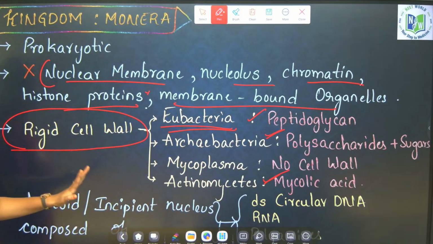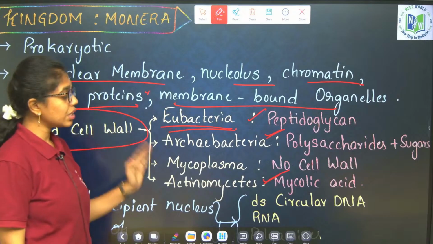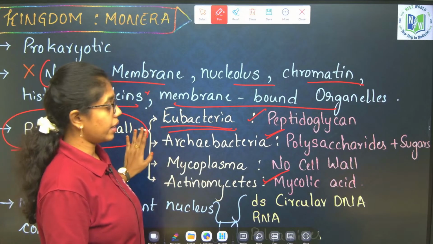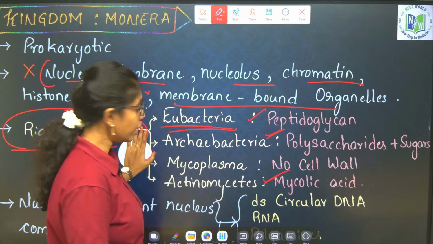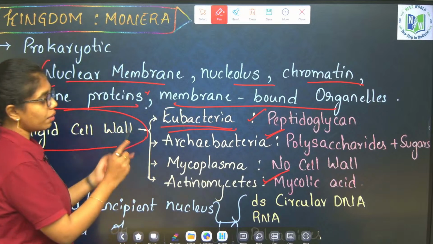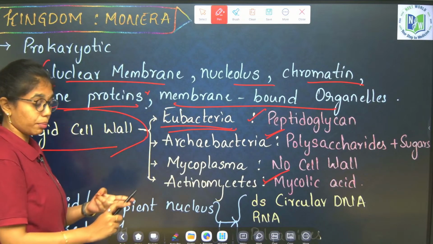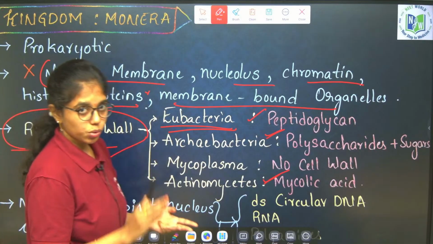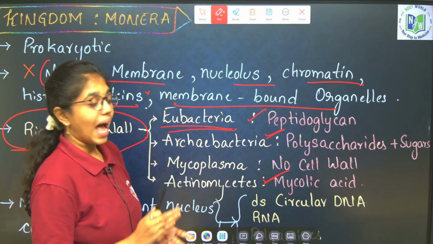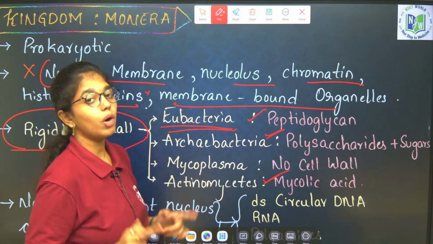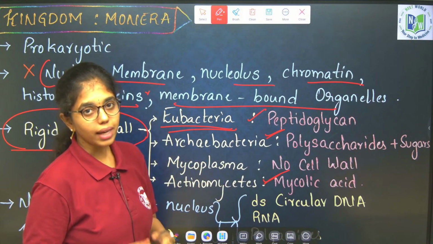So remember that the cell wall composition of each prokaryotic bacterial type is very important.